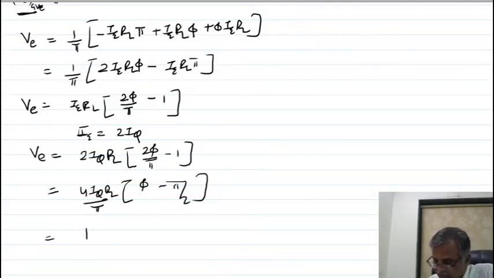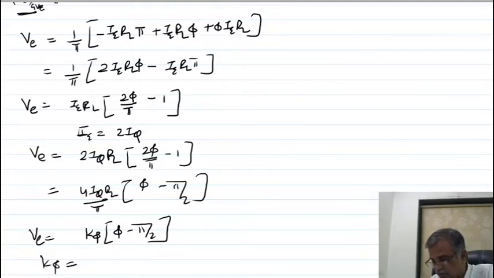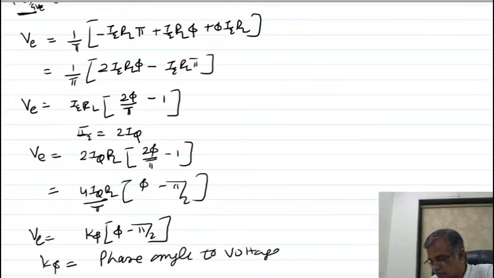So it is K phi into phi minus pi by 2, where K phi is known as the conversion ratio. It is the phase angle to voltage conversion ratio.